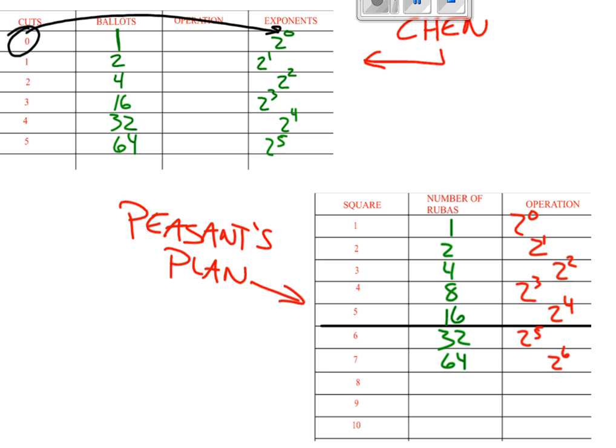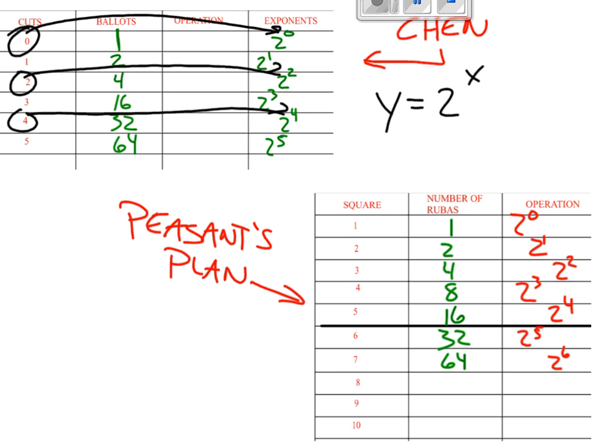So 0 cuts, 0 for the exponent. 2 cuts was 2 for the exponent. 4 cuts was 4 for the exponent. And because they matched each other, then we could say the equation is y equals 2 to the x.